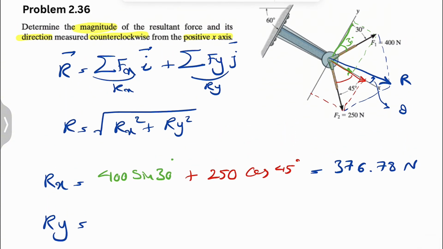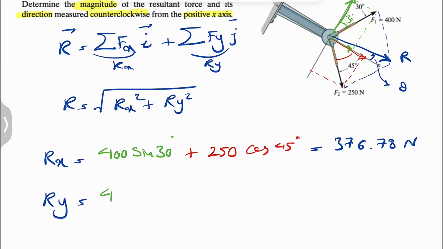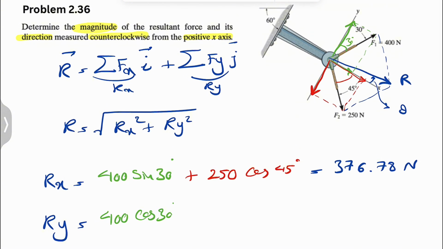And we're going to do the similar thing for y-axis. We can see that the y component of F1 is positive. So this time we have 400 cosine of 30 degrees because we have the adjacent. And if we look at the y component of F2, we can see this is the y component. So it acts along negative y-axis. So it's going to be negative 250 sine of 45 degrees.